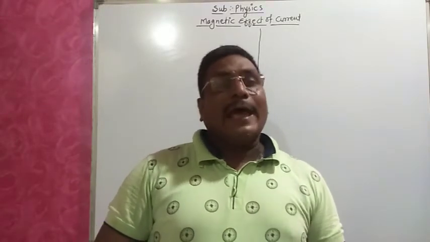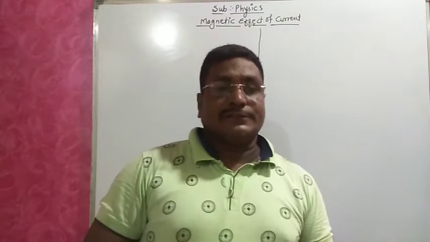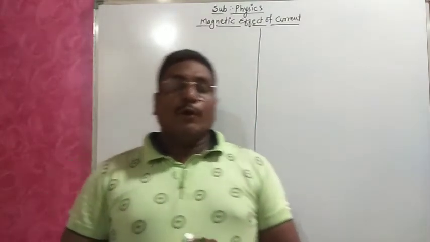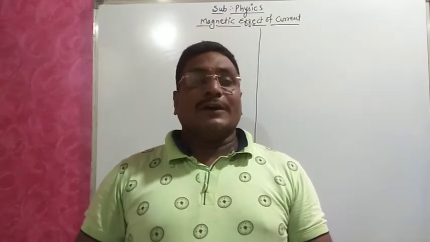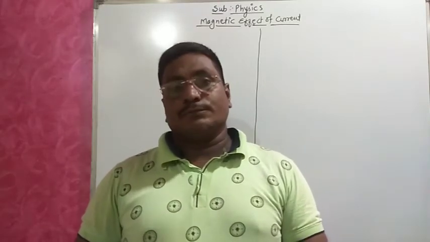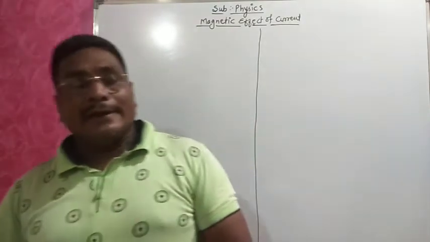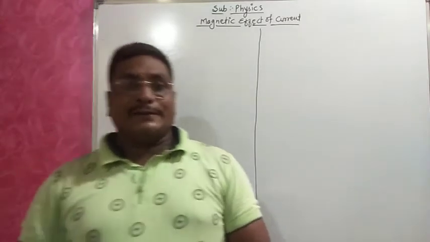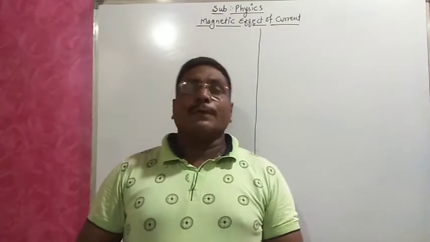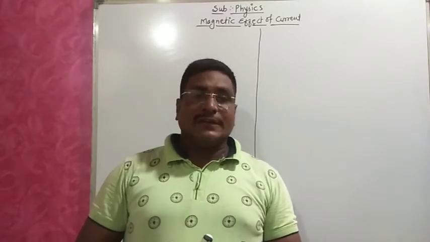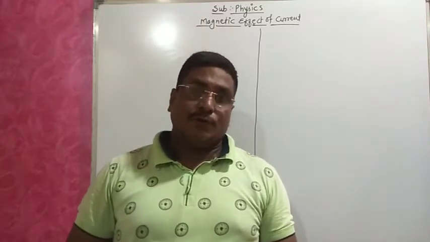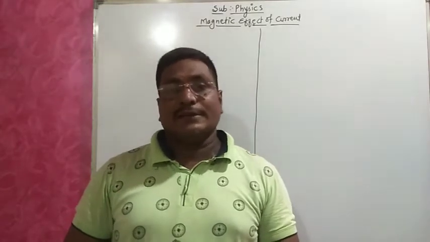We also discussed Fleming's left hand rule and the factors affecting the force on the conductor. So these things we studied in the last video. Hope you understood these things.